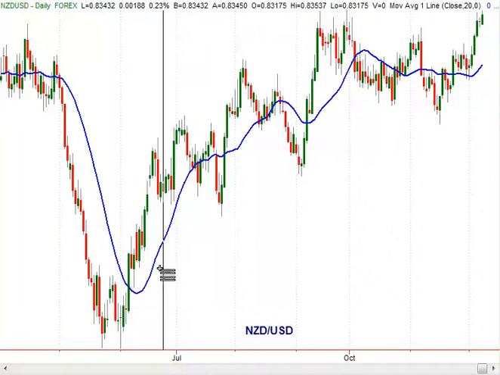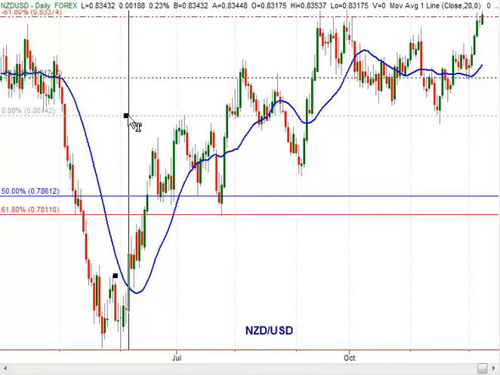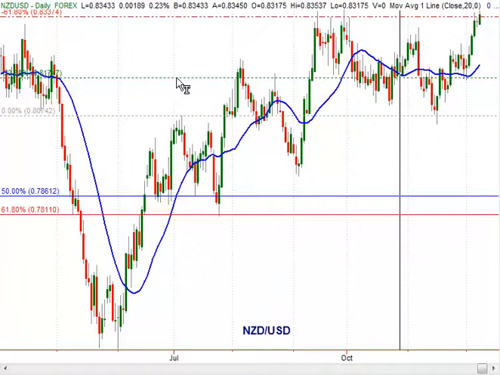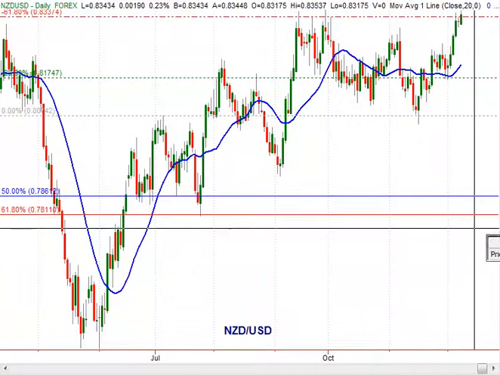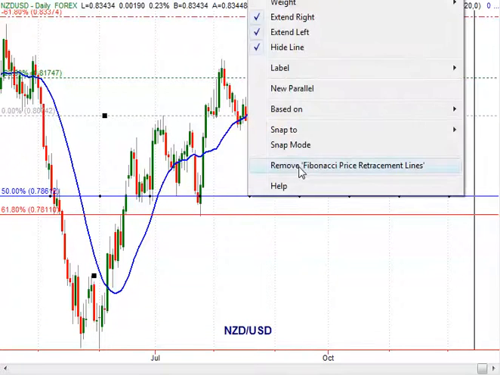So we should use this anchor, and as we can see, there was a marginal break here, but the pair was anyway able to move from the 78.60 area of support to the 81.70 area of first target.